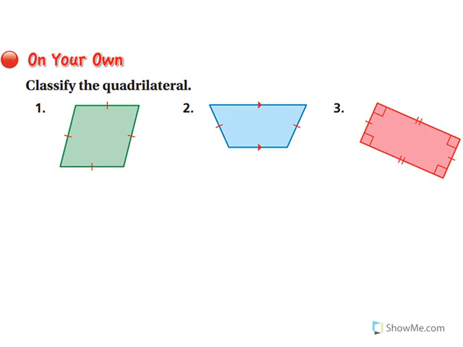We can assume that the angles are not all the same, specifically because it's not noted that they're all right angles. But even by looking, we can tell there are two acute angles and two obtuse. But because it's not noted they're right angles, we cannot assume they're right angles. So all we know is that we have four sides that are the same, which makes this a rhombus.